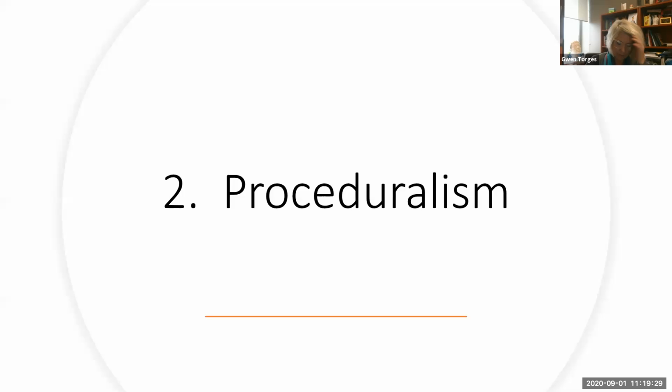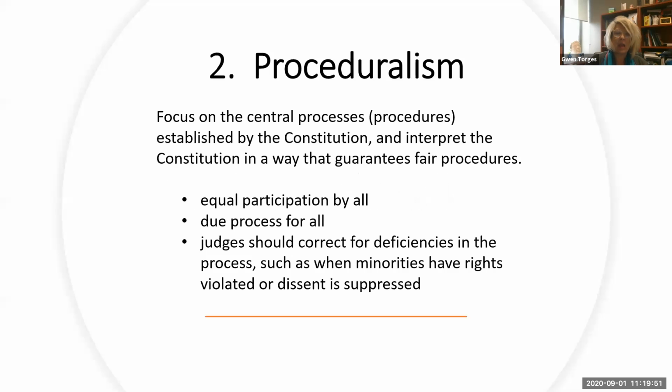Proceduralism is a theory of interpretation that says when the words of the Constitution aren't clear, what you should rely on to help you is look to the basic core processes and procedures outlined in our democratic Constitution, and interpret the Constitution in a way that upholds those processes.